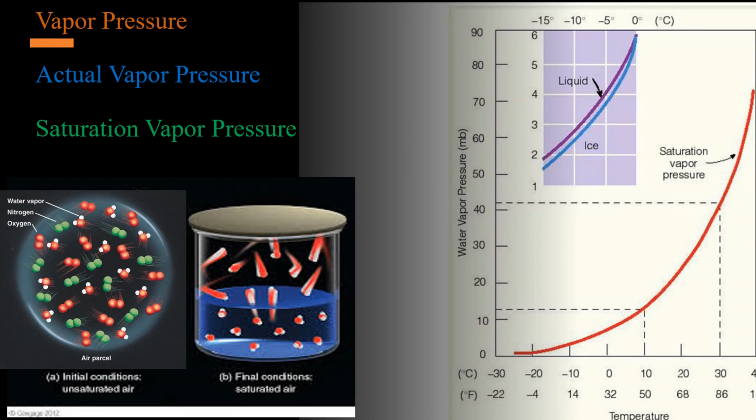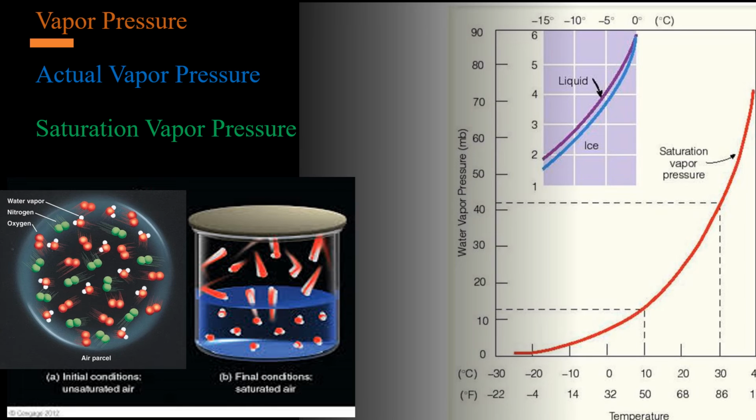From this graph we can assume some information here: at 10 degrees centigrade, the saturation vapor pressure is about 12 millibar. Whereas at 30 degrees, it would be 42 or 41 millibar.